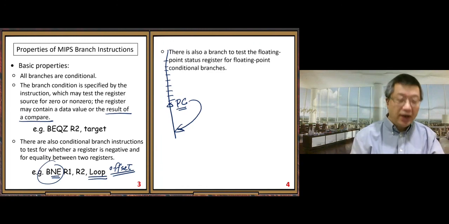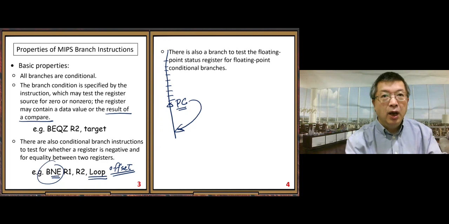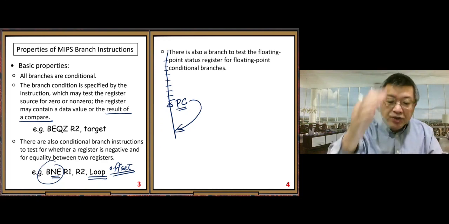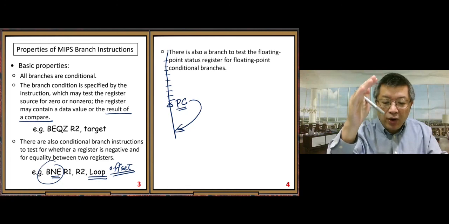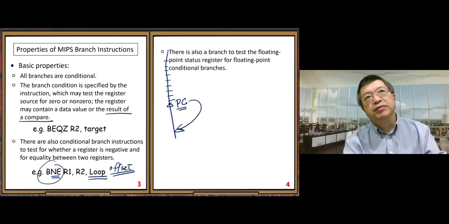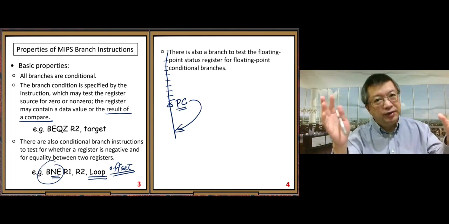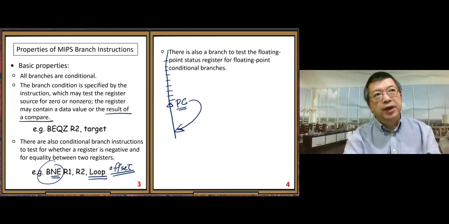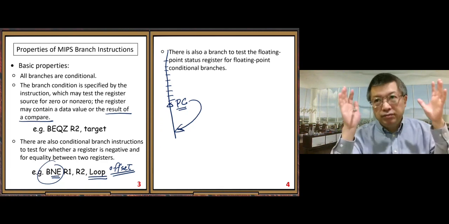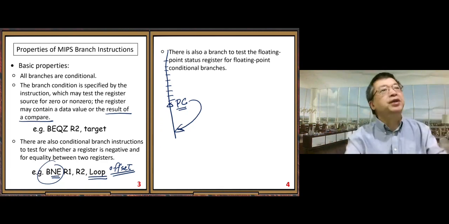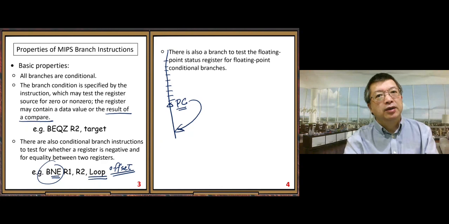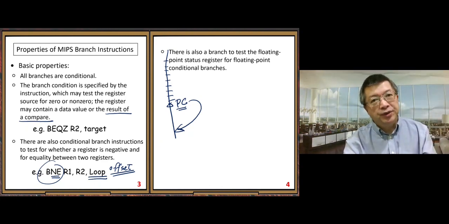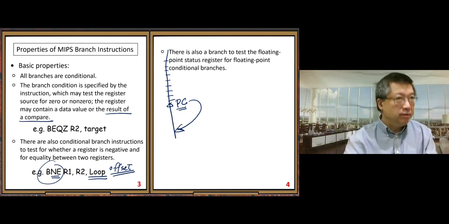All right, so the next one, there is also a branch to test the floating point status register for floating point conditional branches. For floating point, there are some special things we need to do, but here we do not go into that kind of detail.